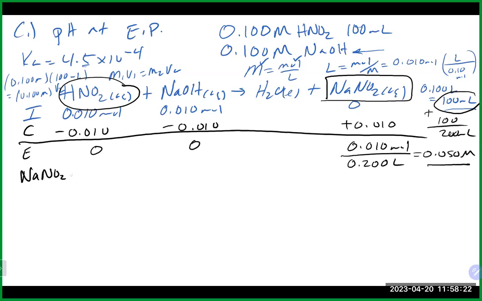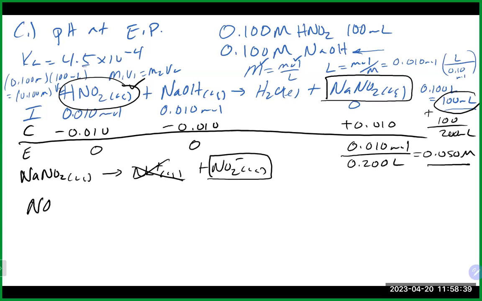So it does. And that's because the only thing left at this point is a salt that will break apart into sodium ion and nitrite. And once again, the sodium is neutral. It is the nitrite that comes from this weak acid that will go through hydrolysis. So we do need a second ICE table like we talked about, which will be our salt plus the water.